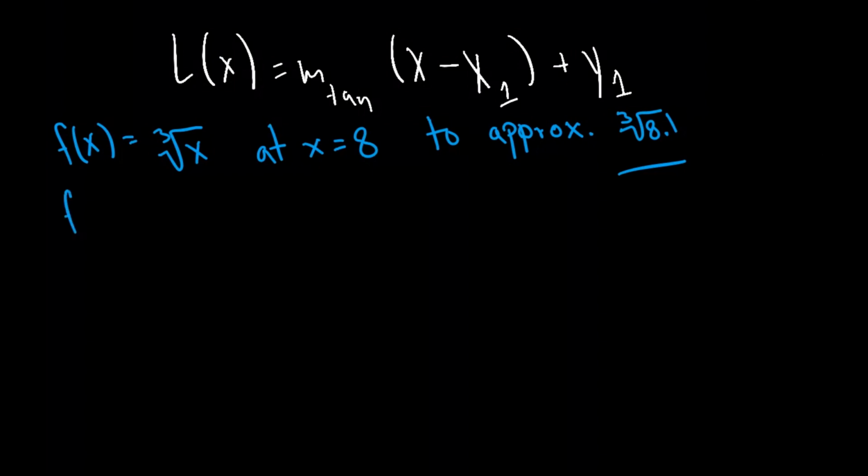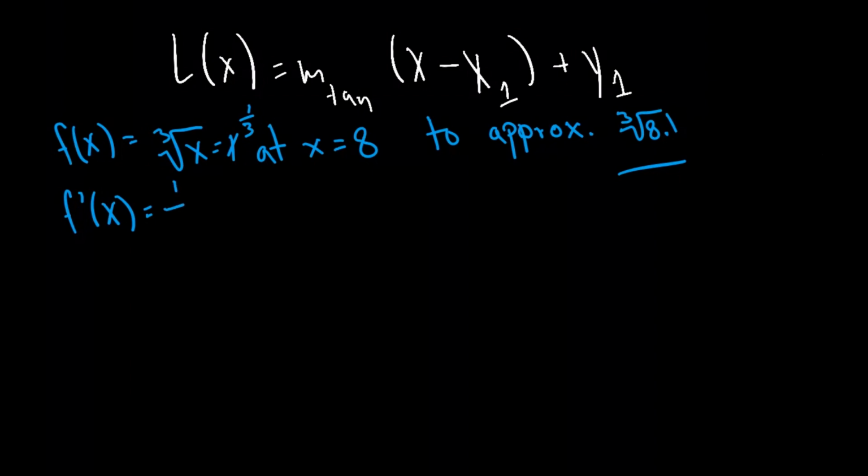To find the derivative of this function, we'll have to rewrite it as an exponent. We know that the cube root of x can also be x to the power of 1 over 3. Now we can use the power rule.